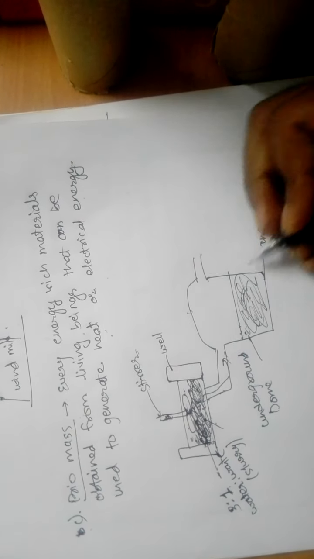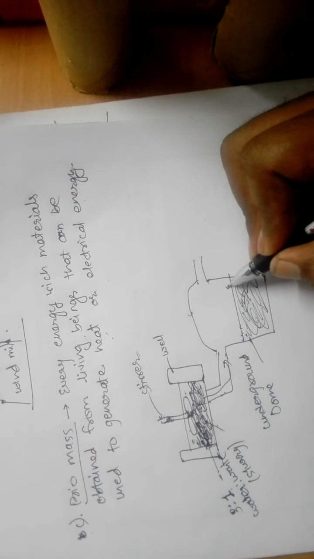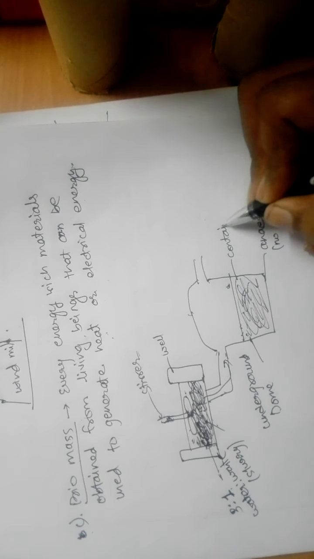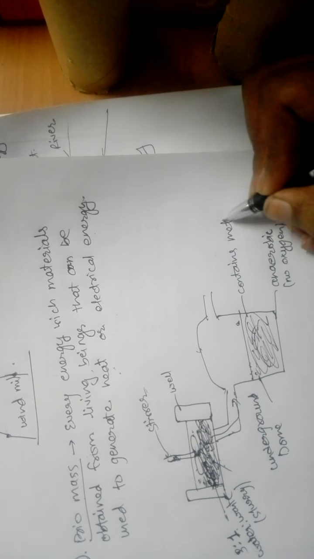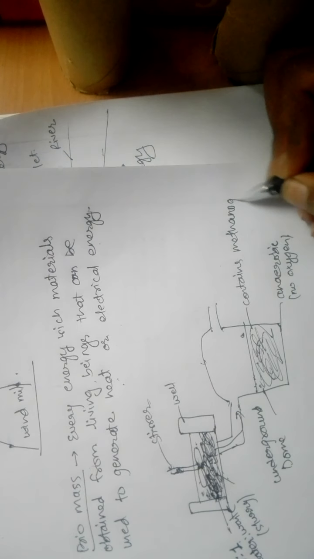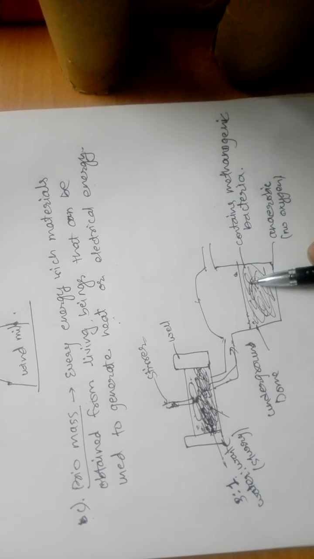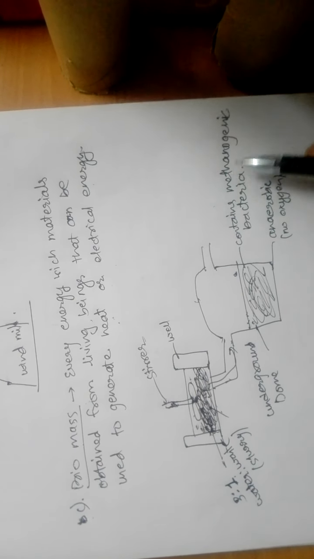Then this dome particularly contains methanogenic bacteria. These are a special group of bacteria which produce methane gas after the respiration process. Just like we utilize sugar and produce carbon dioxide, these bacteria utilize sugar and produce methane.